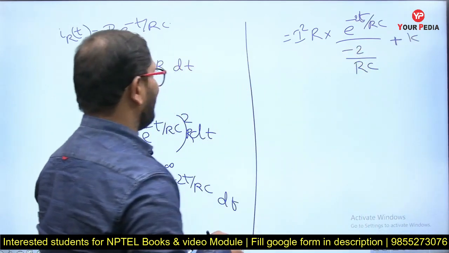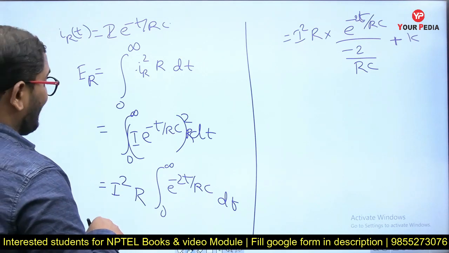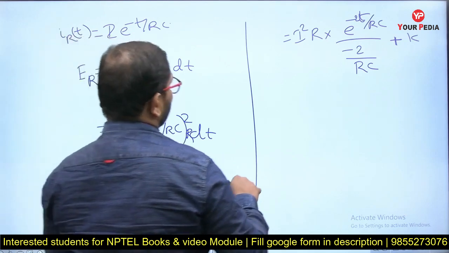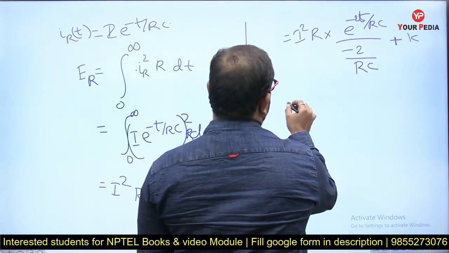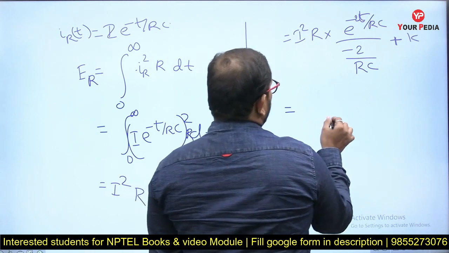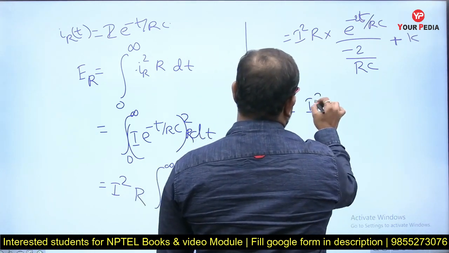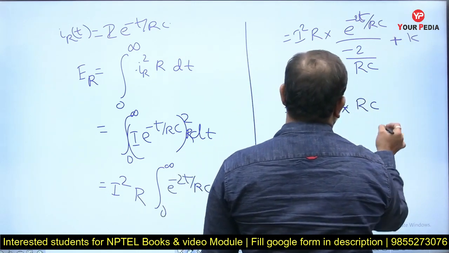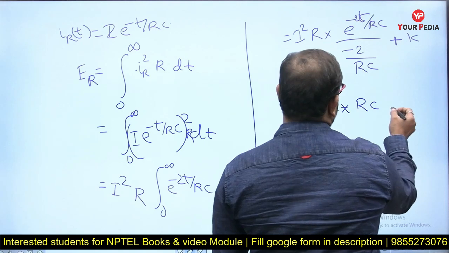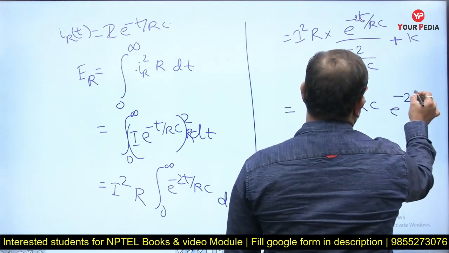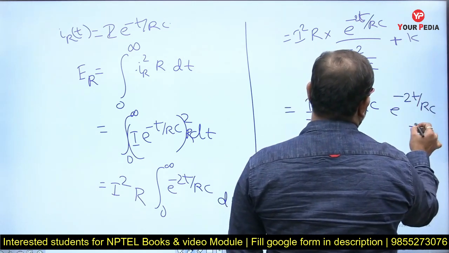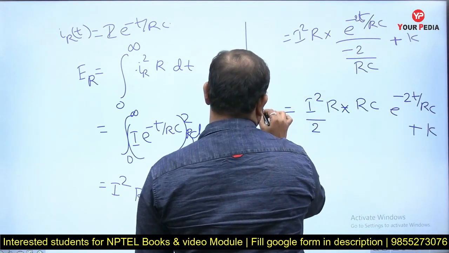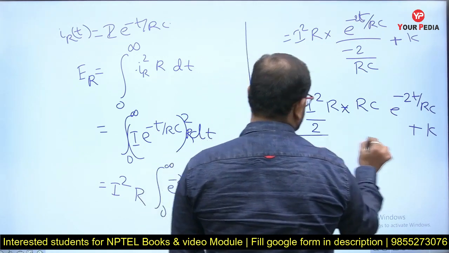So this is I square R into minus RC by 2 into e power minus 2t by RC plus k. This is the final energy stored in the resistor.